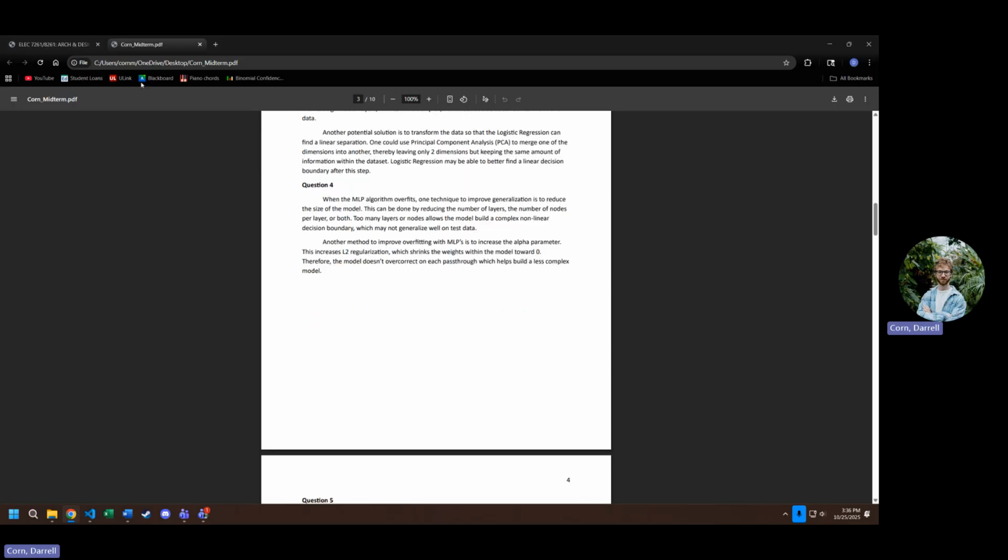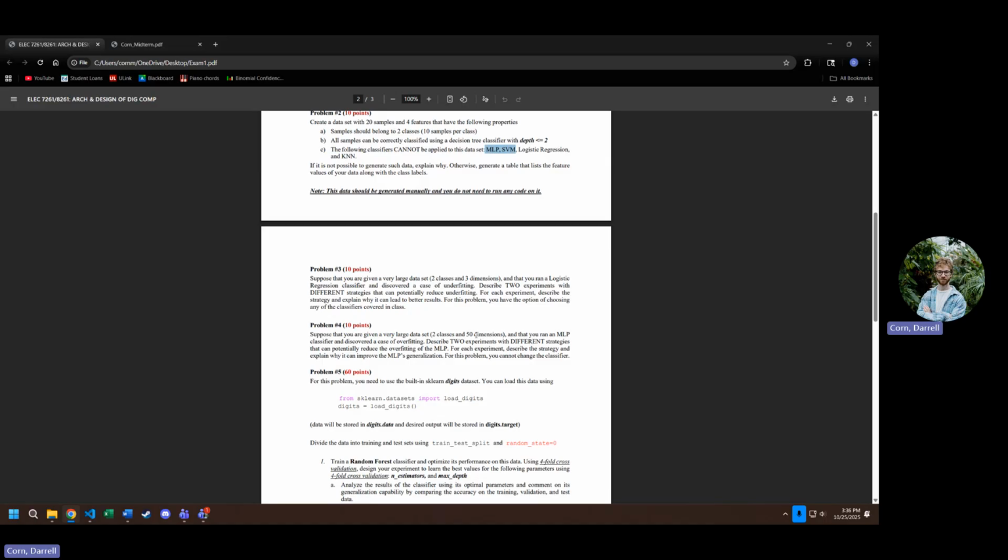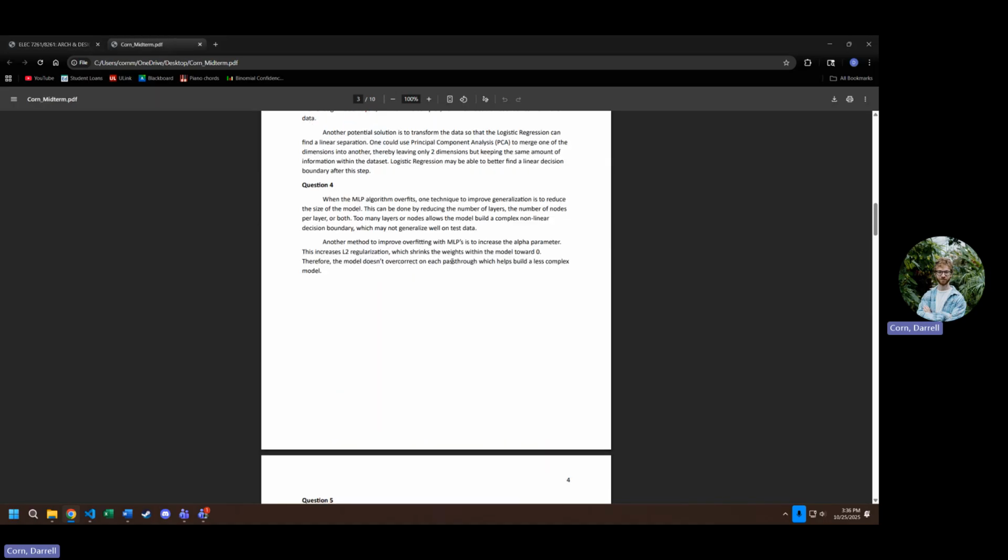All right, question 4. Question 4 is about overfitting with MLP. So when the multi-layer perceptron algorithm is overfitting, one reason it might be doing that is because the model has a very large capacity to learn the data.